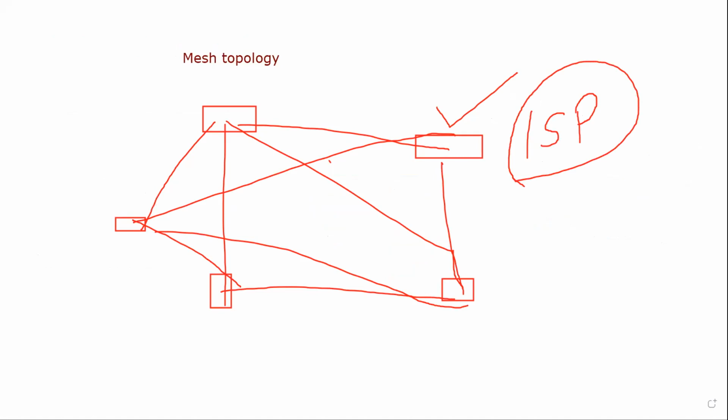After mesh topology, we have another topology, named hybrid topology. Hybrid topology is a combination of topologies. If bus topology, ring topology, and star topology are combined with each other, then that is known as hybrid topology.